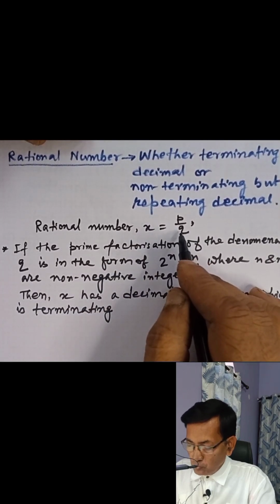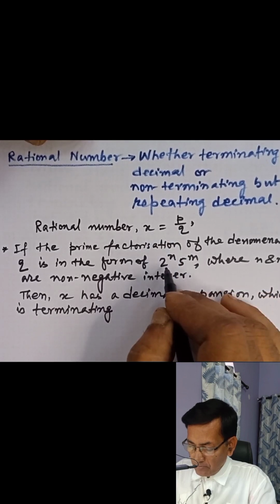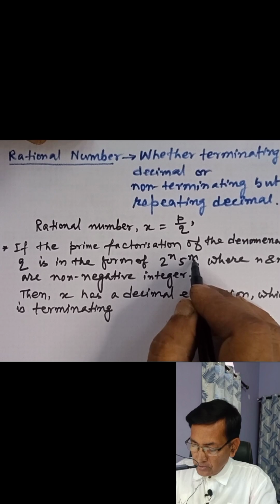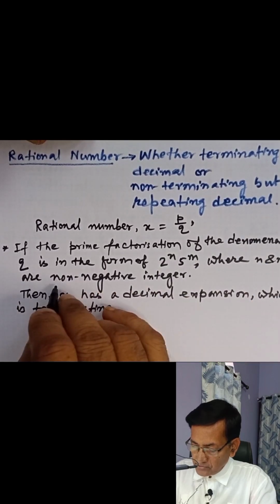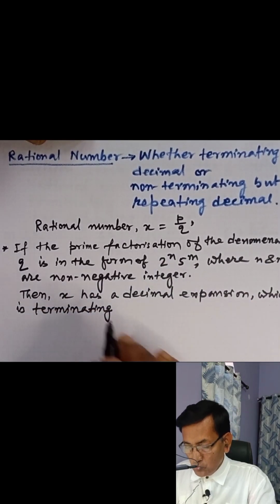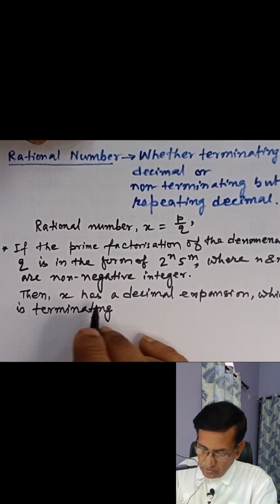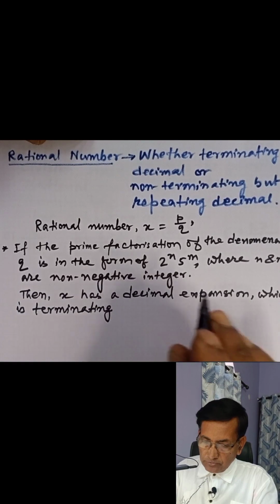That means the denominator q will be in the form of 2 to the power n, 5 to the power m, where n and m are non-negative integers. Then this rational number x has a decimal expansion which is terminating.